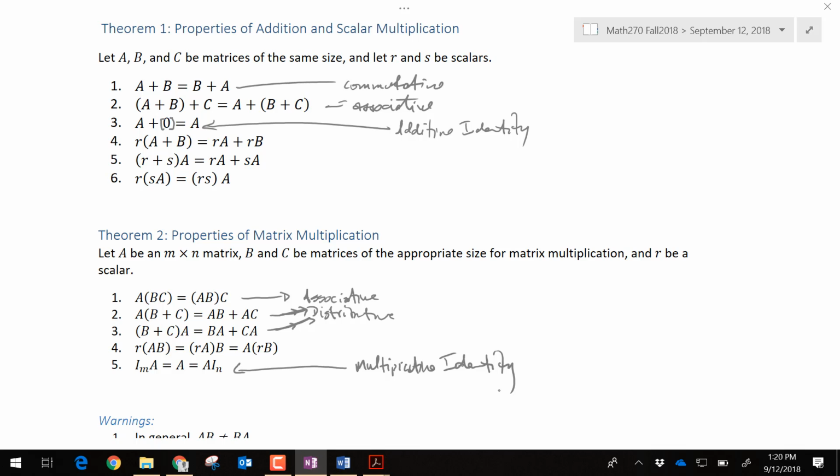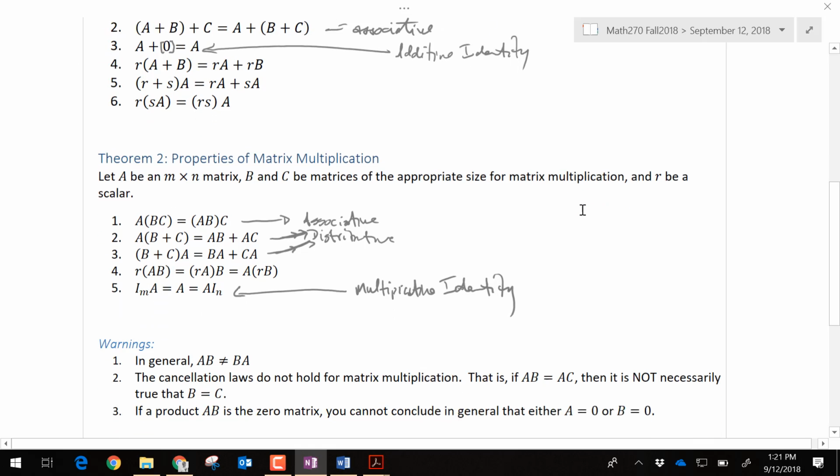This one, zero, identity, no. What? Doesn't have what? What's that called? Commutative property.